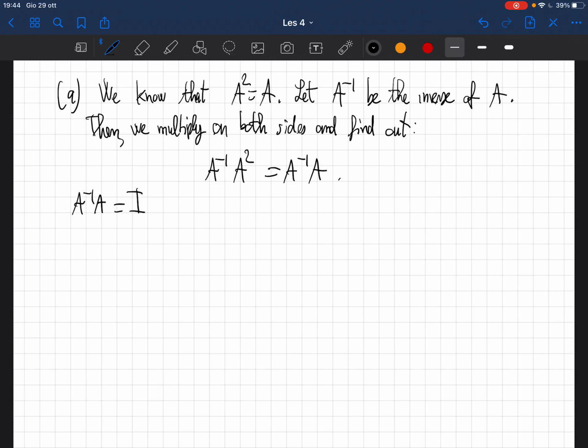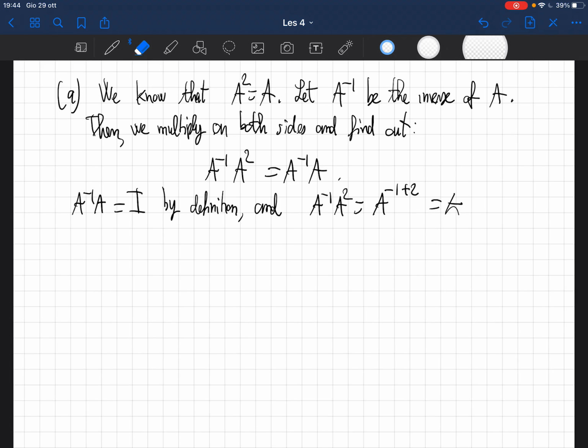A minus 1 A is equal to the identity matrix by definition, and A minus 1 A squared is equal to A minus 1 plus 2, which is equal to A.